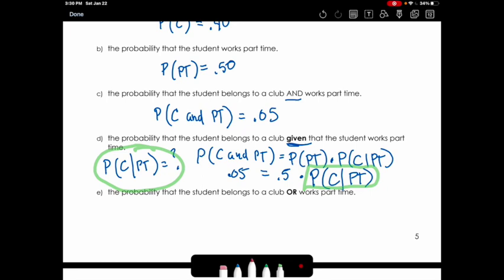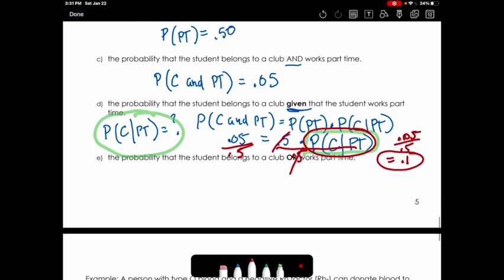If I take 0.05 and divide by 0.5 so that I isolate what I'm looking for, that gives me a probability of 0.1. All I did was divide both sides by 0.5. That way I can cross these off and I'm left with this. This is what I'm looking for.